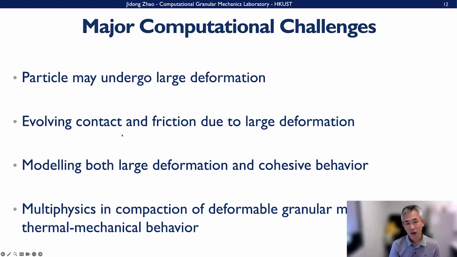Also, because of this large deformation of each individual grain, their contact is no longer like in DEM, where you have a single or a limited number of contacts between two particles. Their contact is evolving because the contact area can change from point contact to line contact to area contact.